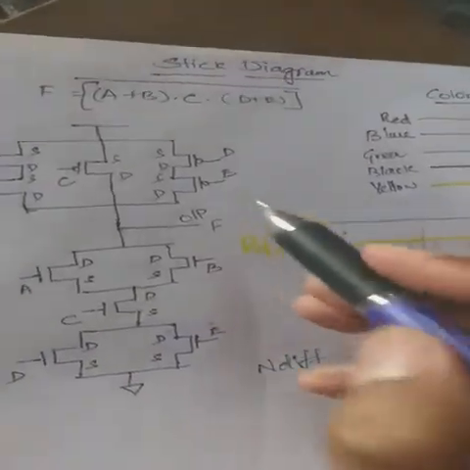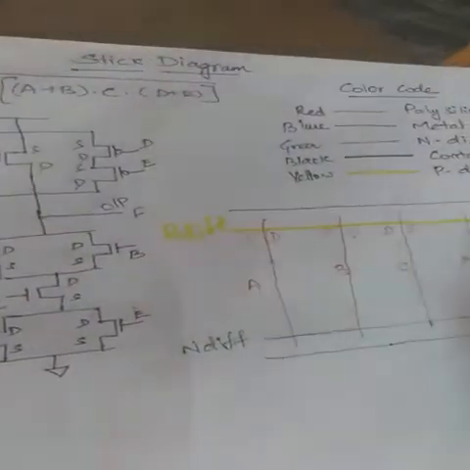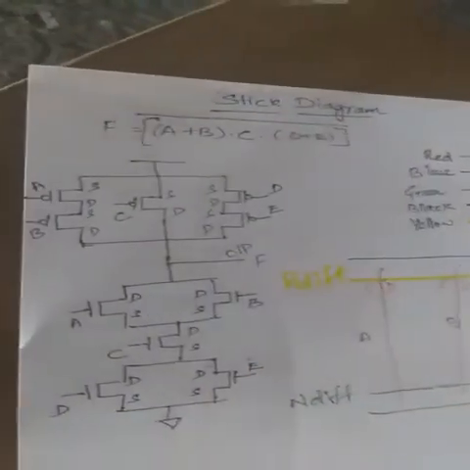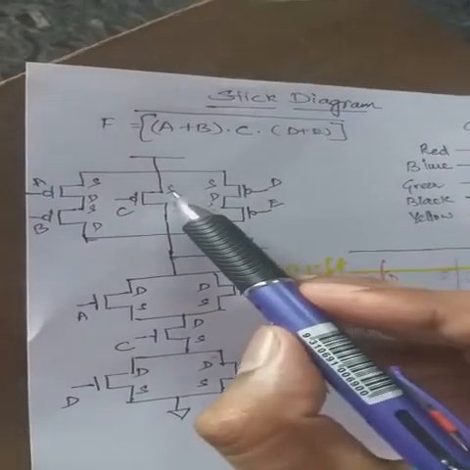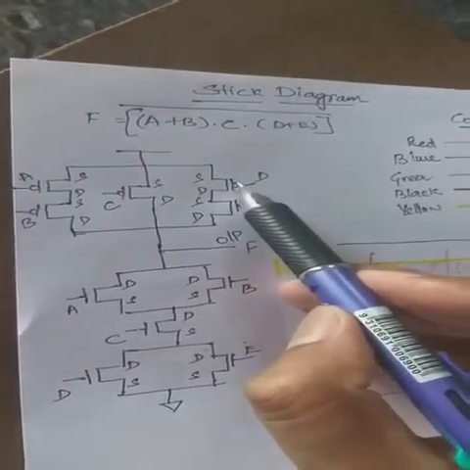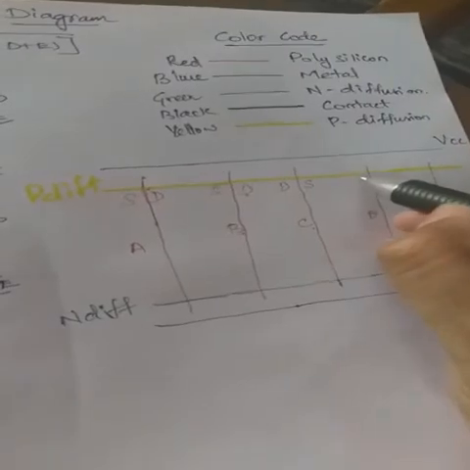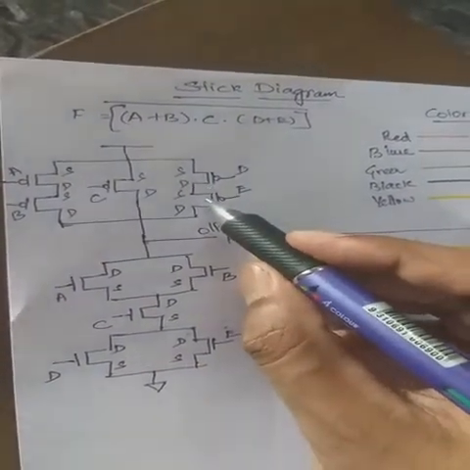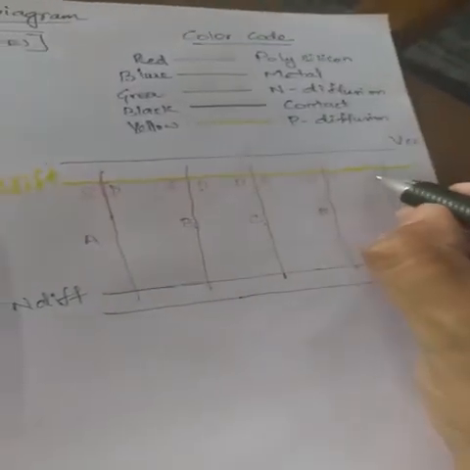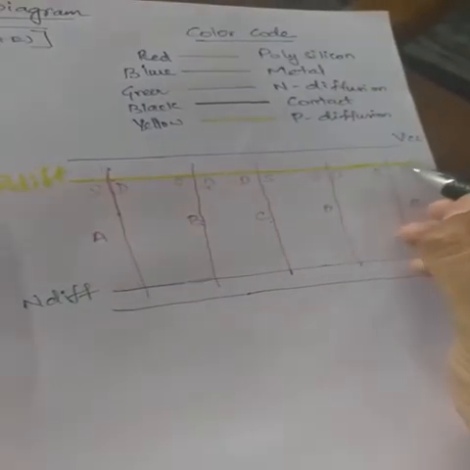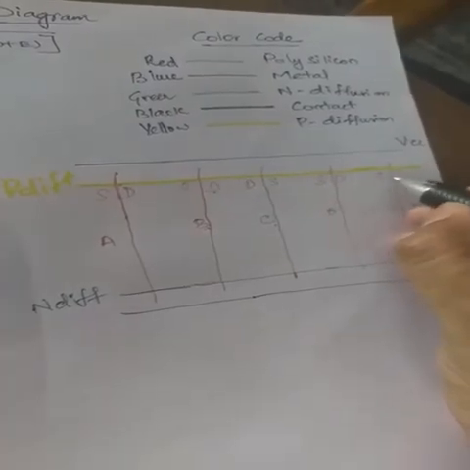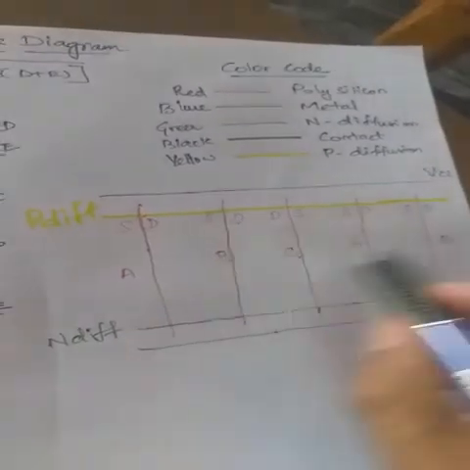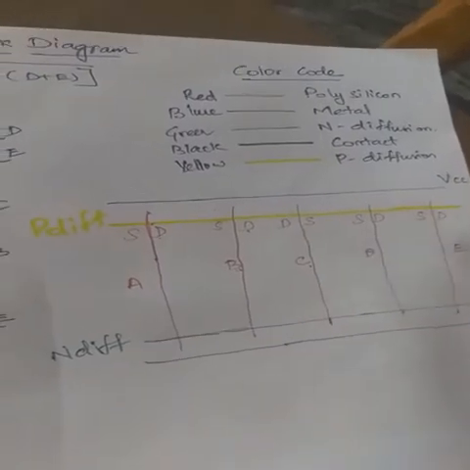Next, the source terminal of C is connected to the source terminal of D. So take this as source, this will be drain, and the drain of D is connected to the source of E. Again, if this is source, this will be drain. Beautiful, we have completed the source and drain marking.